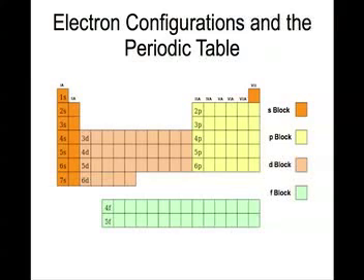So the first group, on the far left, all have one valence electron in an s subshell. The next group over all have two valence electrons. Then, moving over to the p block, the third main group has three valence electrons, and it goes up from there.